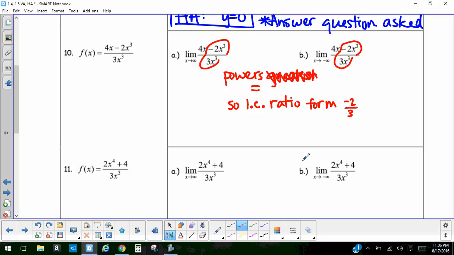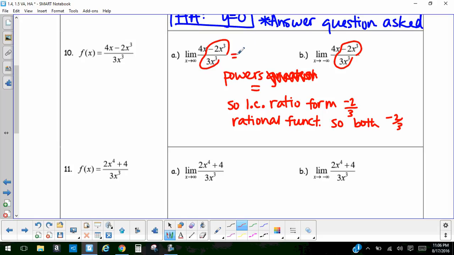Well, I said in the form of because it could end up being one positive 2/3 and one negative 2/3. This is a rational function. You have seen these in math analysis. Rational functions behave normally, so they are both negative 2/3.